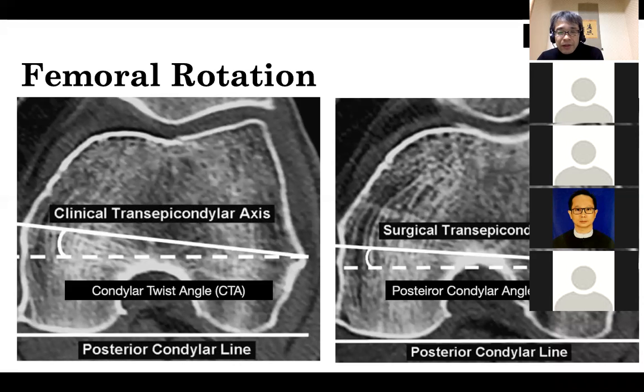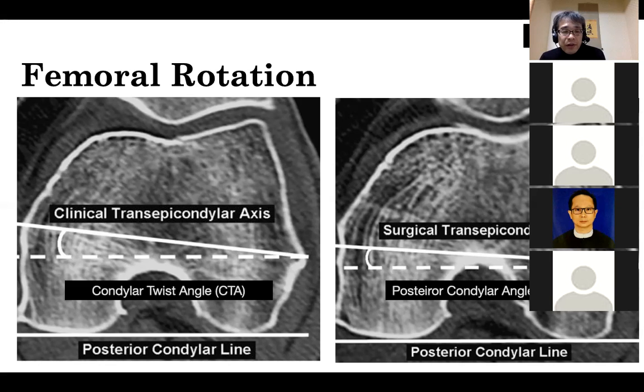But clinically, we frequently use the surgical transepicondylar axis, that is the line between the lateral epicondyle and the medial sulcus, that is the small dip just posterior to the eminence of the medial femoral epicondyle.